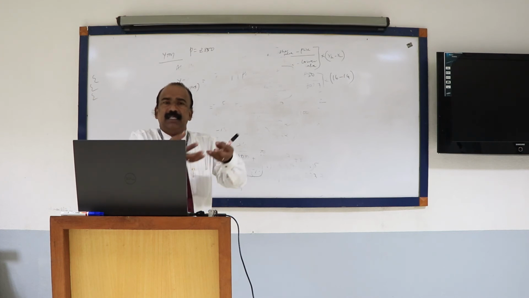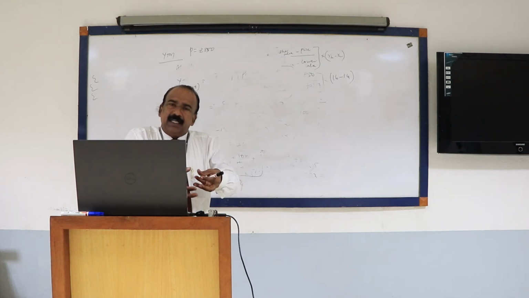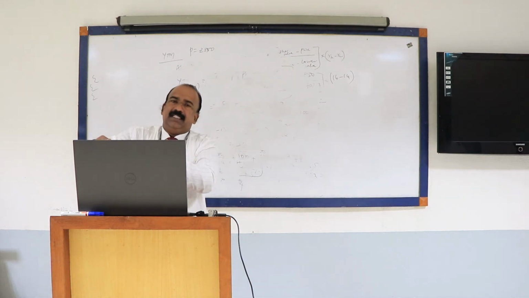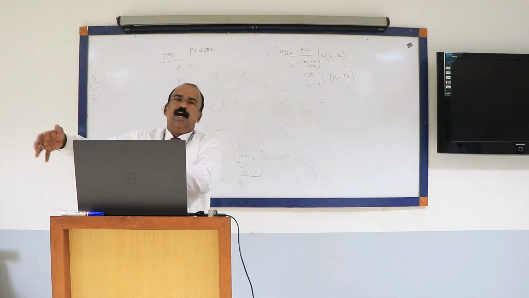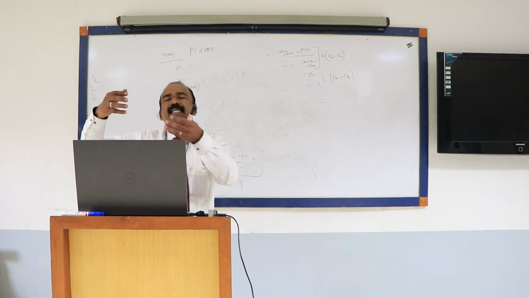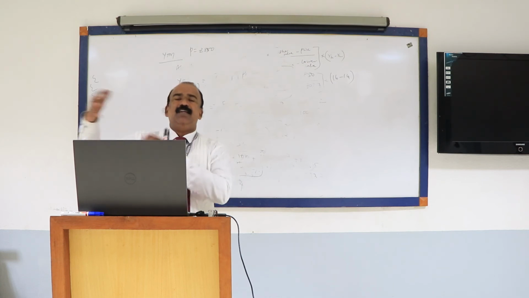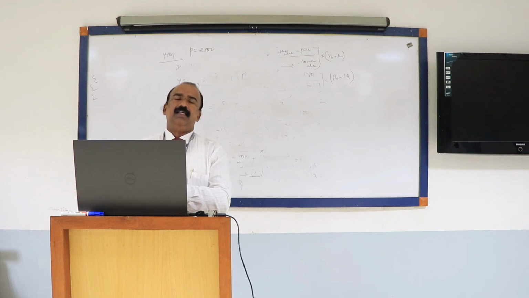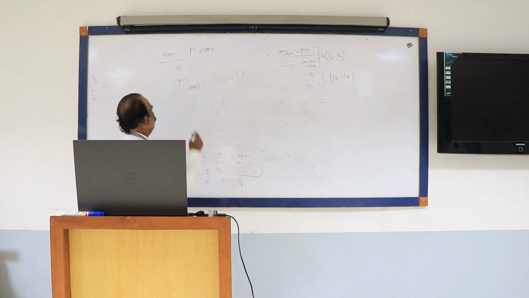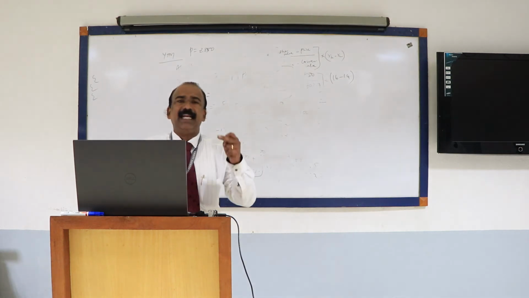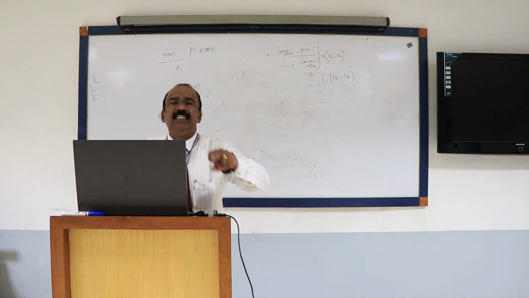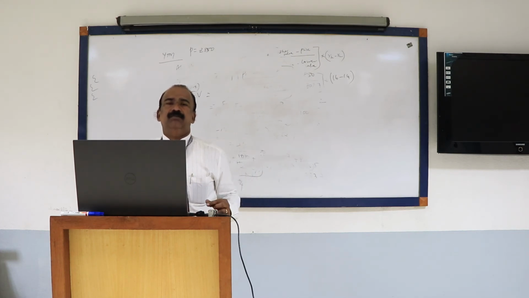Future value means he is receiving 80 rupees and reinvesting at 7%. How much will he get after 1 year? Then he receives 80 rupees after 2 years. How much will he get after investing? So we have to calculate the future value, FV. To calculate realized YTM, first we need to calculate the future value.